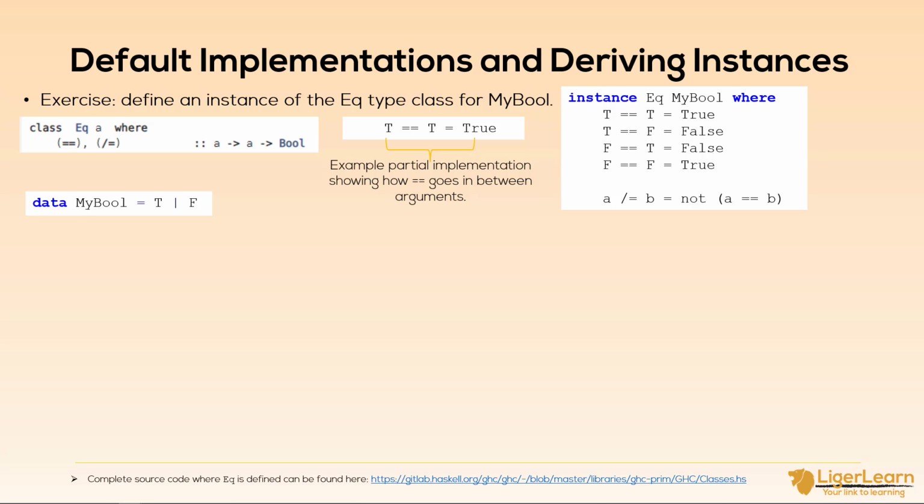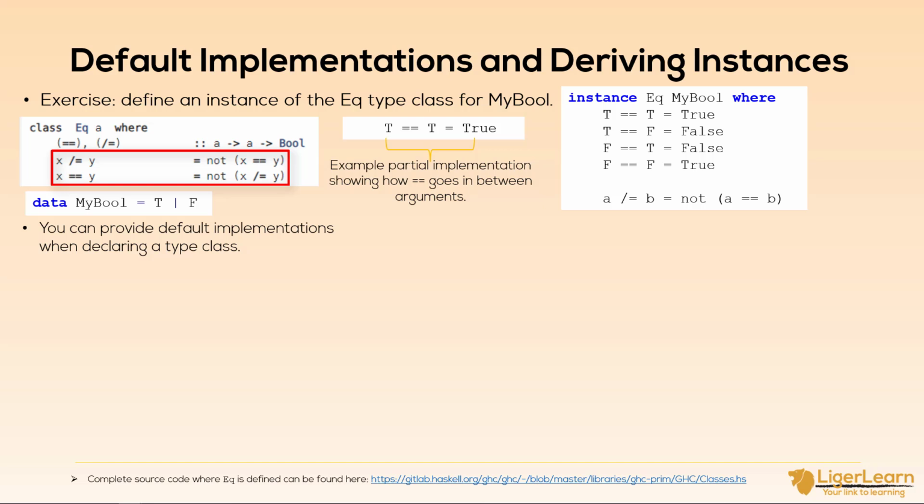This leads us on to our next topic, default implementations. You can actually provide default implementations of functions when declaring a type class. And if we look at the rest of the definition of the Eq type class, we can see it in action. Here, we can see that not equals has a default implementation defined in terms of equals, and equals has a default implementation defined in terms of not equals.